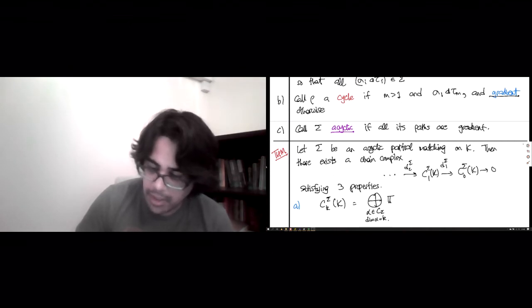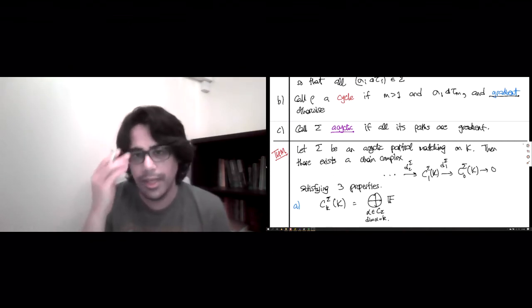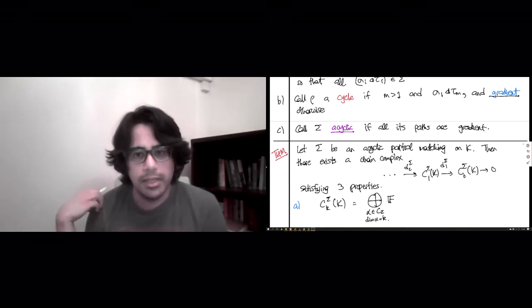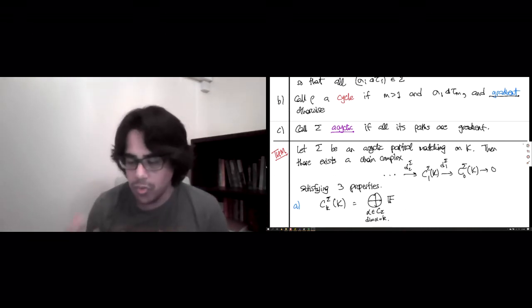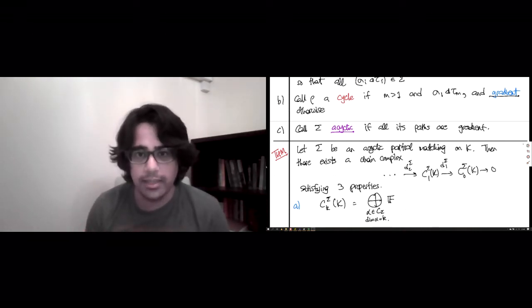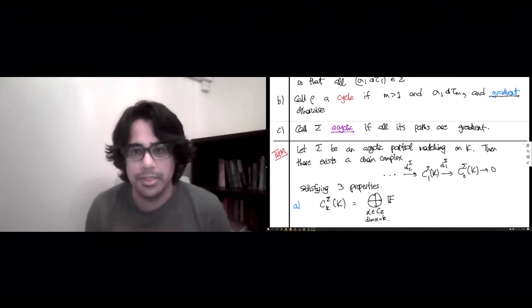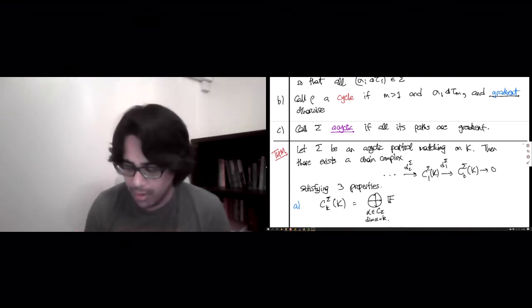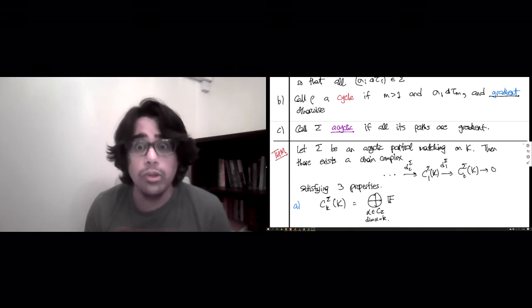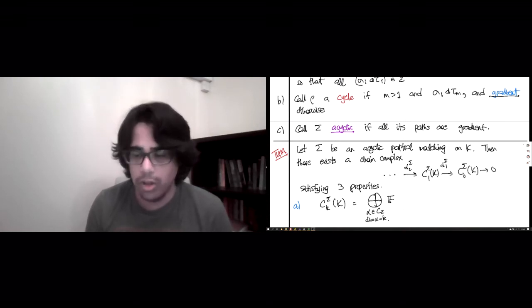And that many copies of the ground field F. So what this means is, whereas the usual simplicial chain complex would take the direct sum over all possible simplices that were in K of the appropriate dimension, here we're only building vector spaces corresponding to the critical simplices, which are going to be much, much smaller.